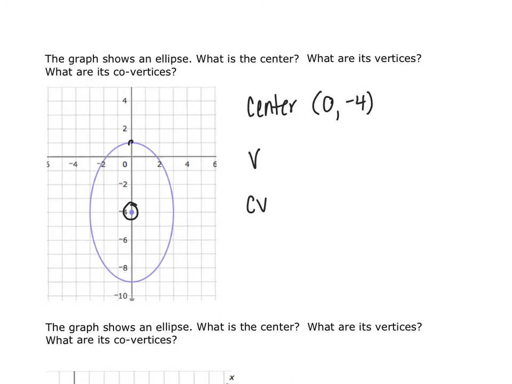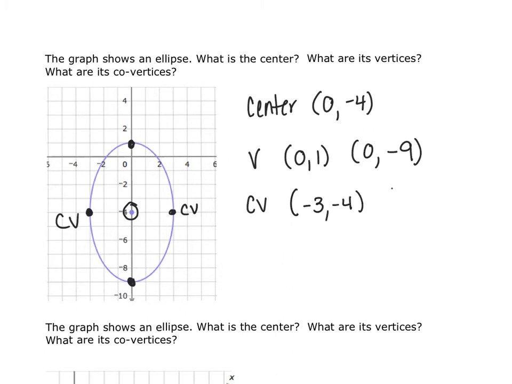We can tell that this is the major axis, so the vertices would be (0, 1) and (0, -9). The covertices would be these two on the shorter axis, so (-3, -4) and (3, -4).